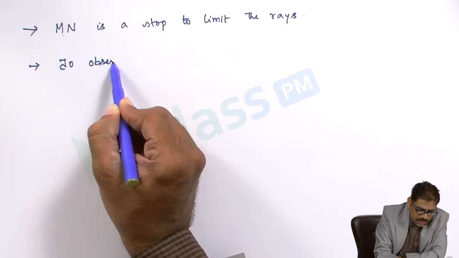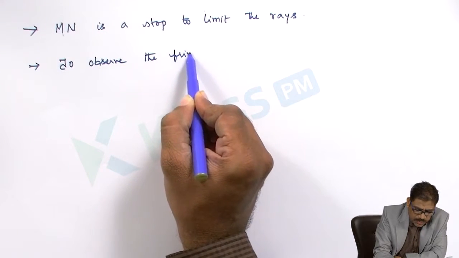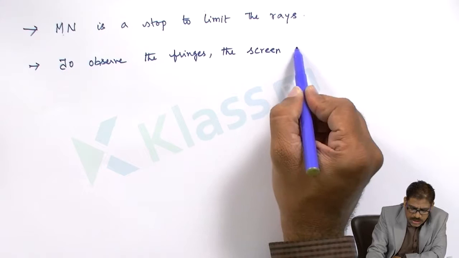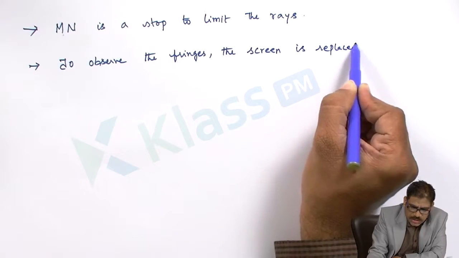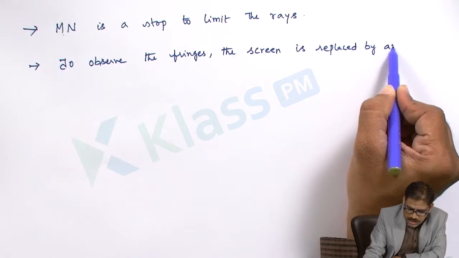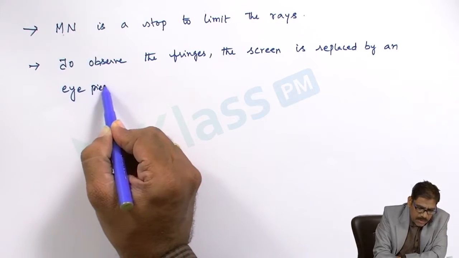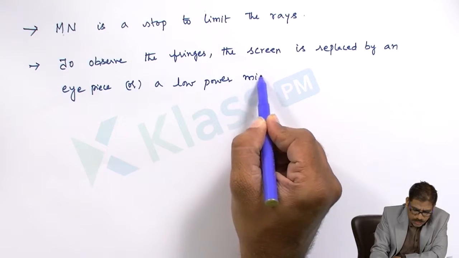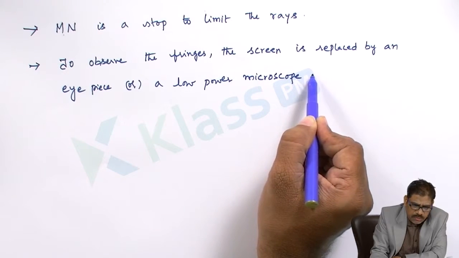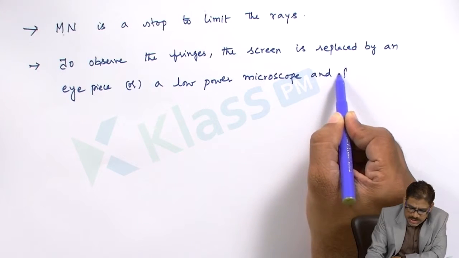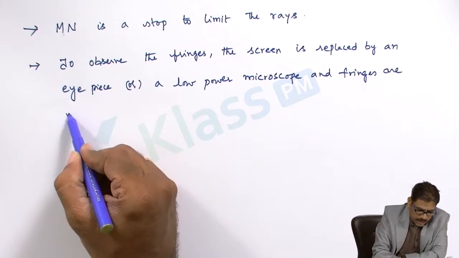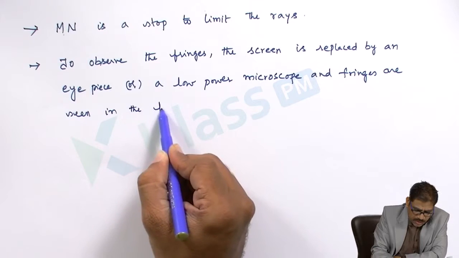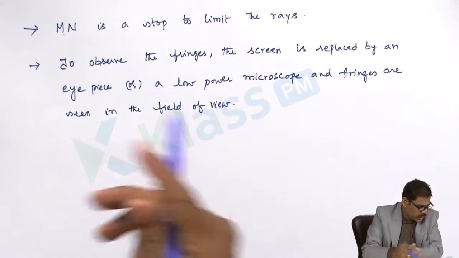To observe the fringes, the screen is replaced by an eyepiece or a low power microscope, and fringes are seen in the field of view.